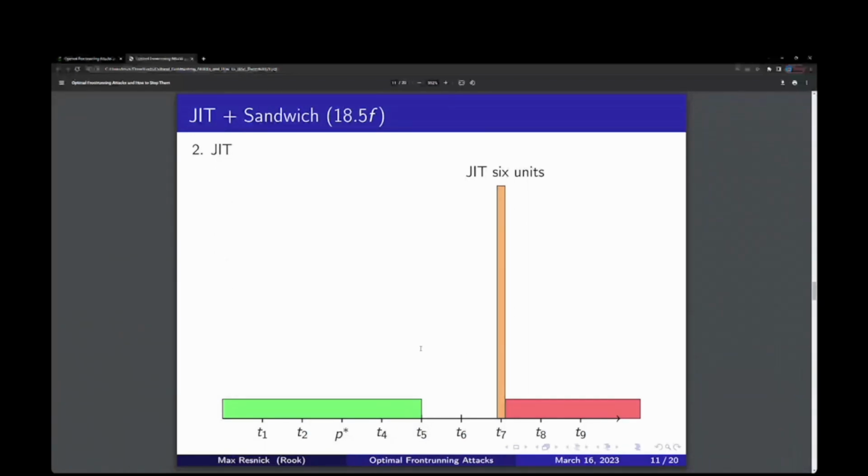Whereas on a Uni V2 pool, if you want to be just in time, you need like 600 million of money, and it's hard to flash loan it because you have to put the user transaction in the middle. So I think this is not that widespread right now, even in practice on Uniswap v3. Not a lot of people are using just-in-time attacks, but we will see more of it. It's just a matter of time, I think.